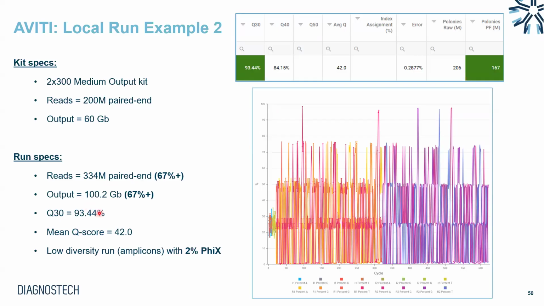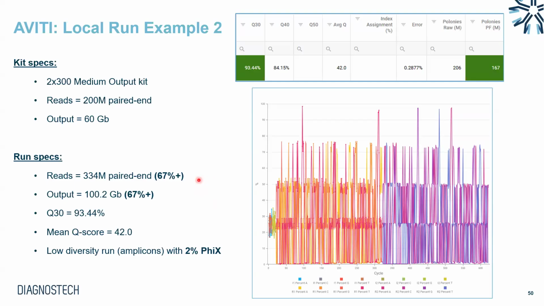And by doing this, you can increase the output by up to 70%. How they do this is it slightly reduces the quality filters in the polony generation step. So it allows more filters through, and we do anticipate to see a slight quality dip of 1 to 2% in the Q30 score. But look at what we were able to achieve with this run.